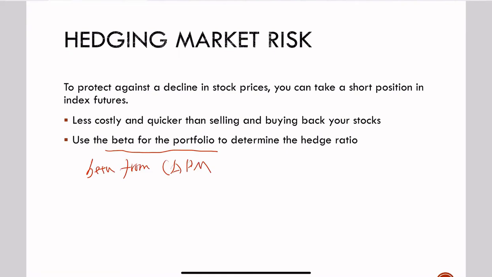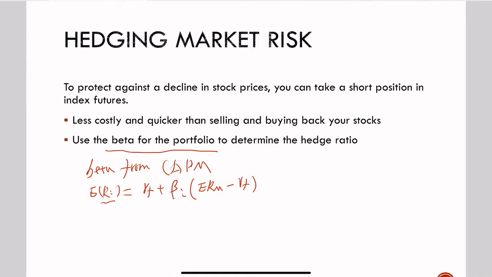So we know that the expected return of a particular equity equals risk-free rate plus beta of this particular stock i times the expected return of the market minus the risk-free rate.